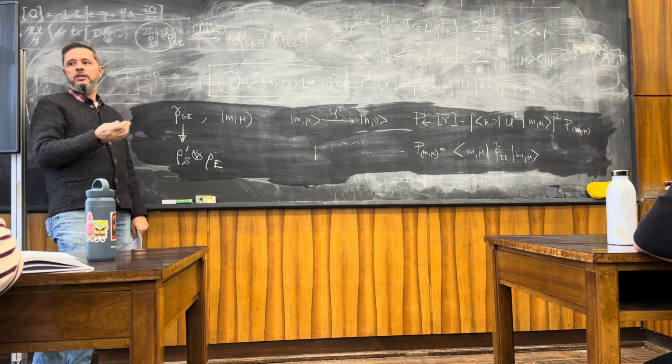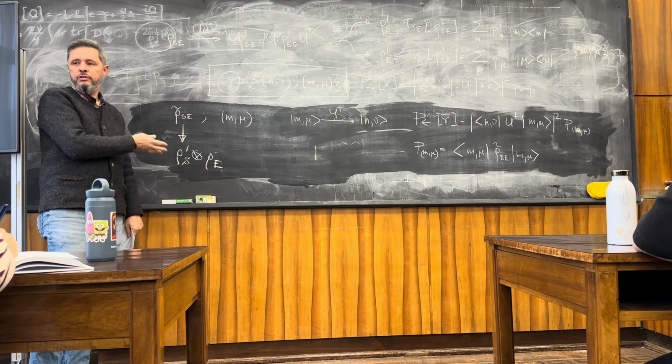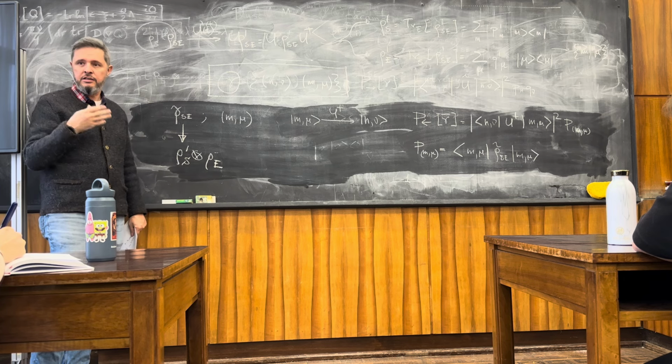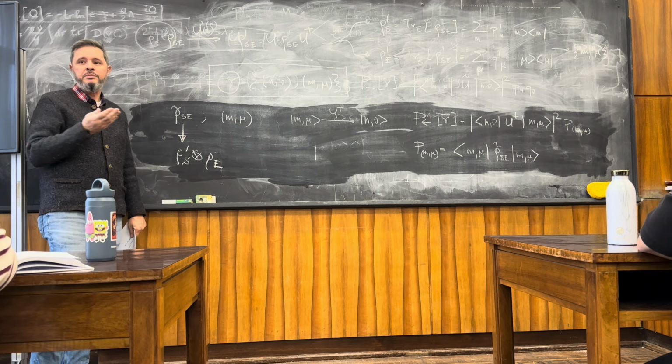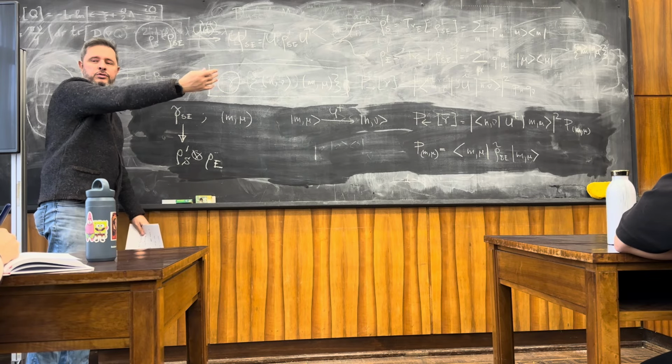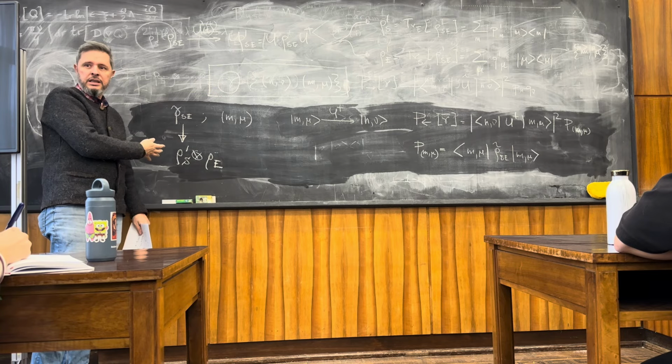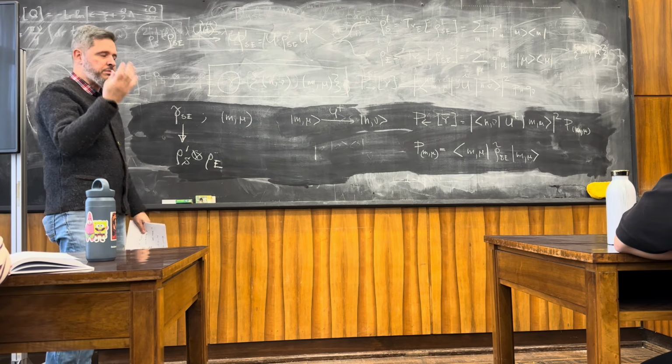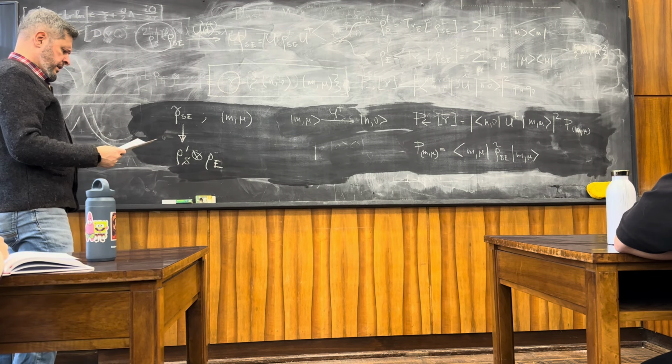Why? Because if rho E was a thermal state that sets the overall temperature, I'm simply telling you I'm starting with the same temperature in the forward evolution and in the backward evolution in this situation. So I'm generalizing that idea.